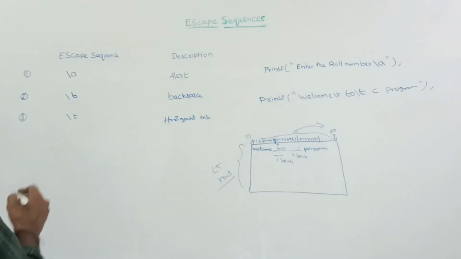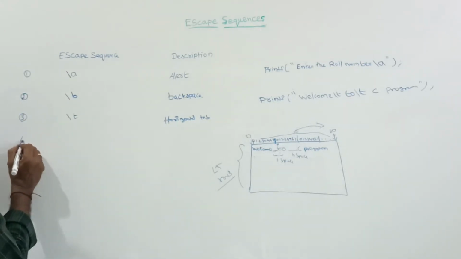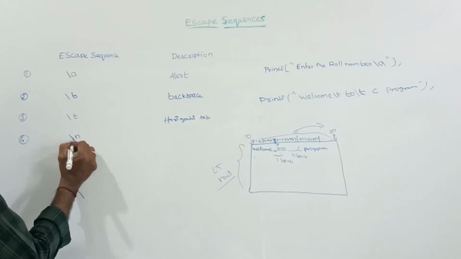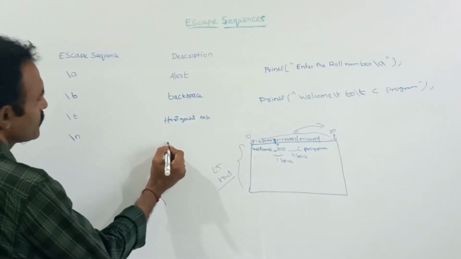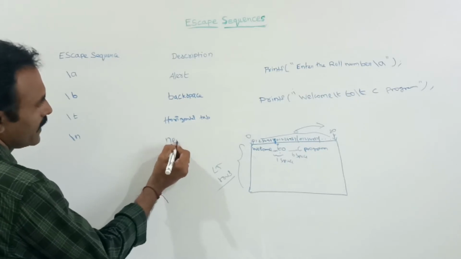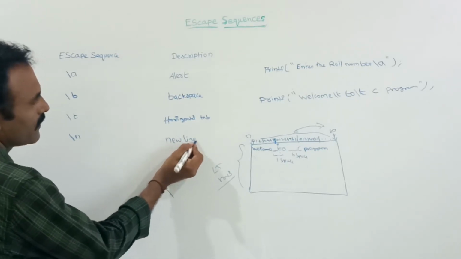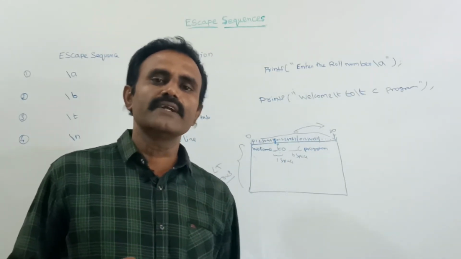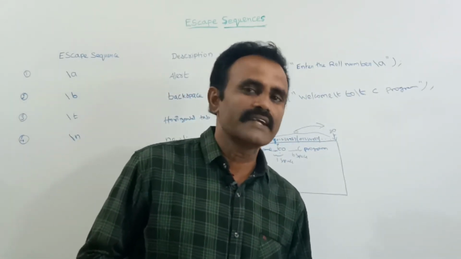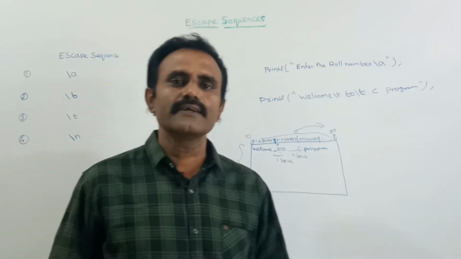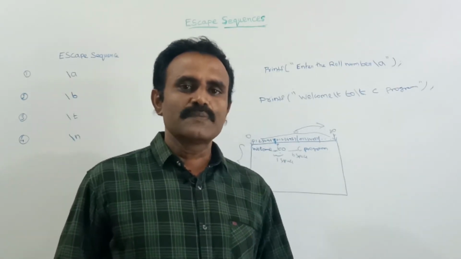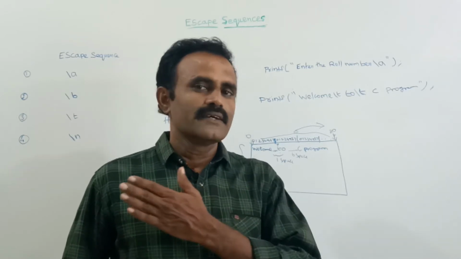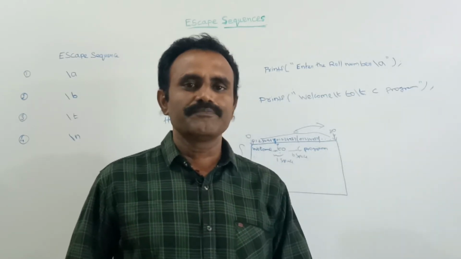Next, let us see about the slash n. Slash n is used for new line. Whenever you are printing or displaying a string on a display screen, it will be displayed continually.